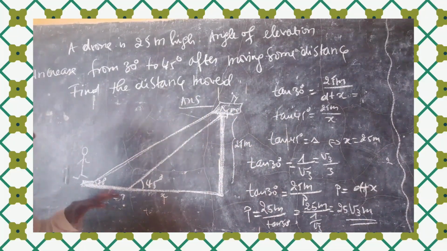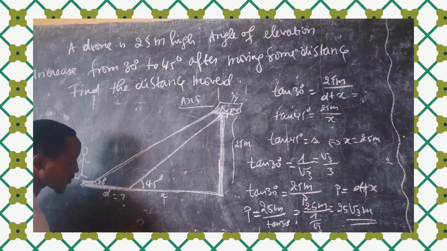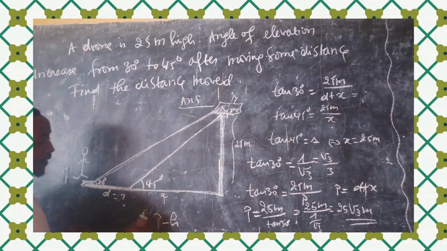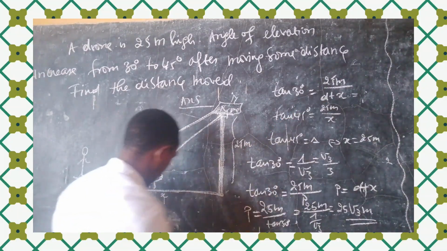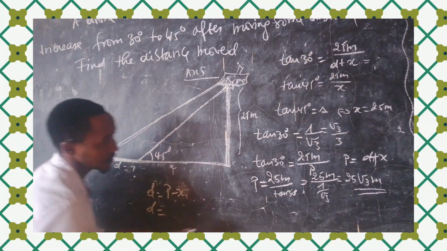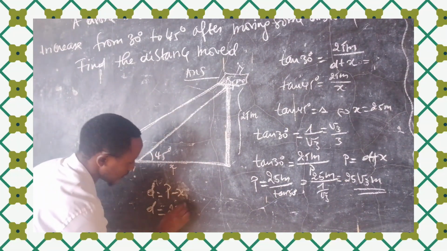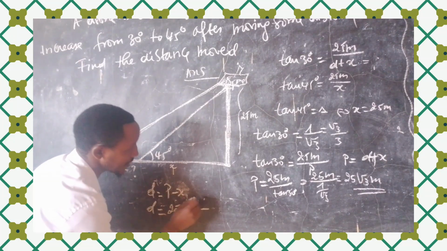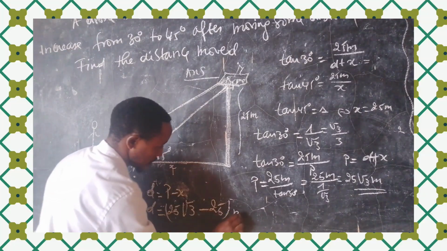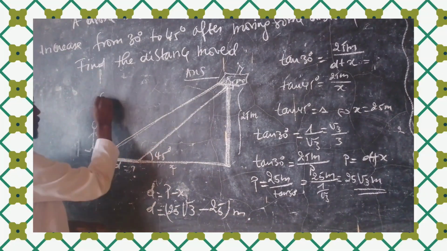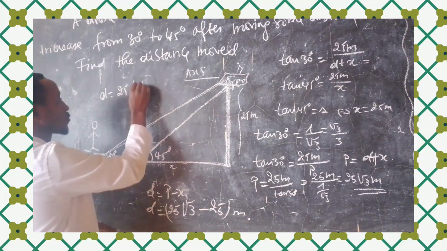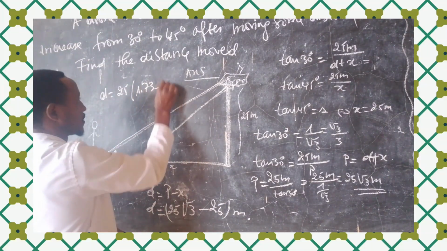Remember that we need the value of d. d is equal to p minus x. So d is equal to 25 square root of 3 minus 25 meters. So d is equal to 25 times the square root of 3, which is 1.73, minus 1.